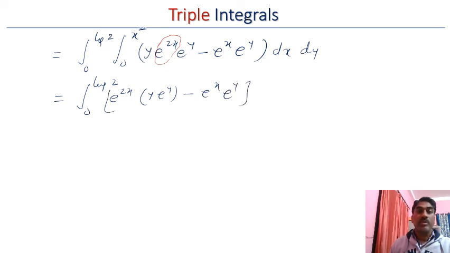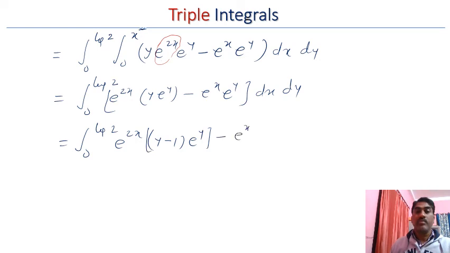Let us integrate term by term. Then e to the power 2x and y e to the power y integrate to y minus 1 e to the power y, and minus e to the power x e to the power y, with overall limits 0 to x, dx.